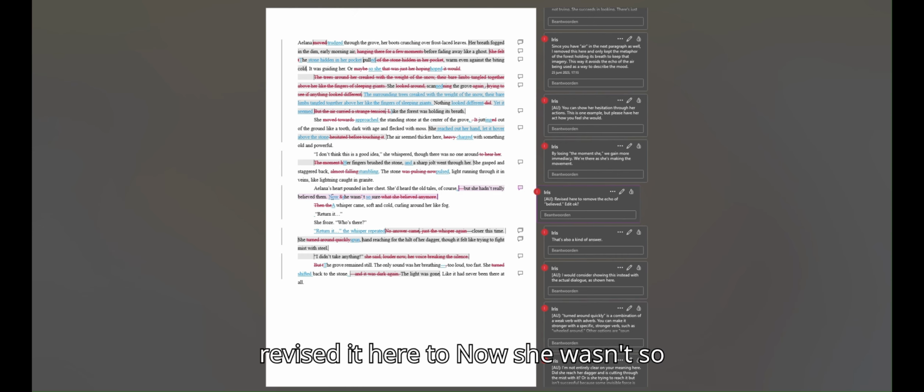Believed, in close succession, really draws attention to it. And it's not a deliberate use of echo words, because then it would be a much more impactful sentence. So to counter that, I revised it here to now she wasn't so sure. That still captures the type of voice that's in this story, while also cutting the believed, and it just makes sense.